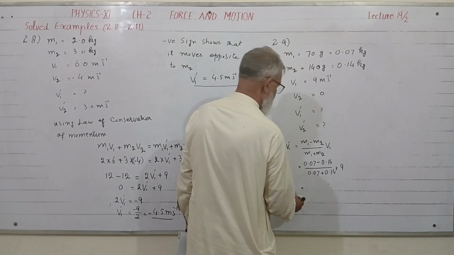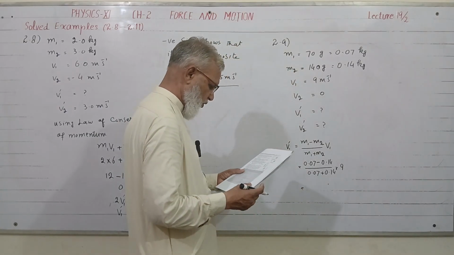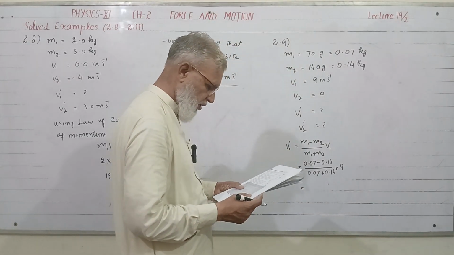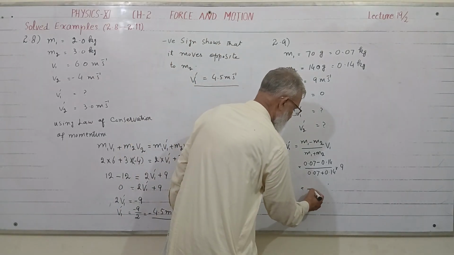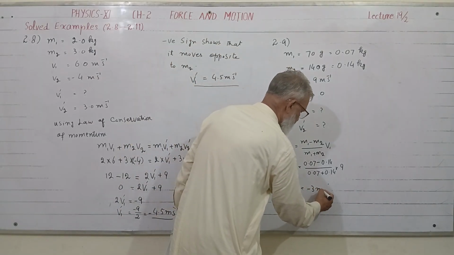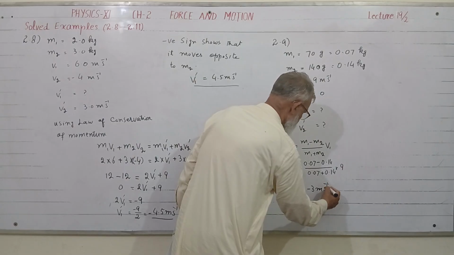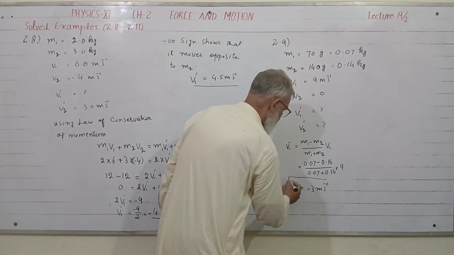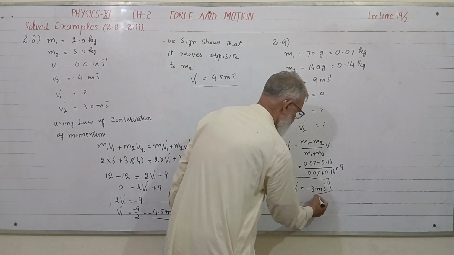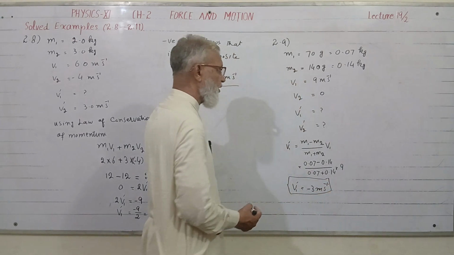If you calculate this V1 prime, you will get -3 meter per second. V1 prime is -3 meter per second.